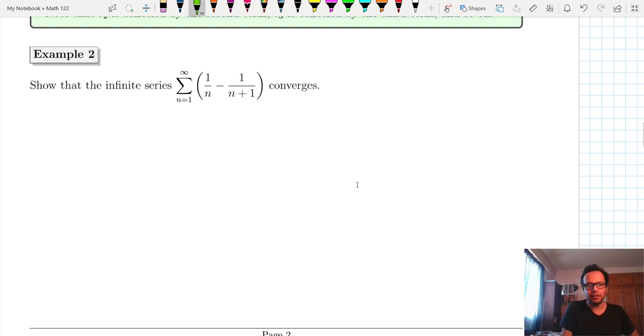In this case, this is one of the series that will give us the sum of the series. So the sum from n equals 1 to infinity of 1 over n minus 1 over n plus 1.